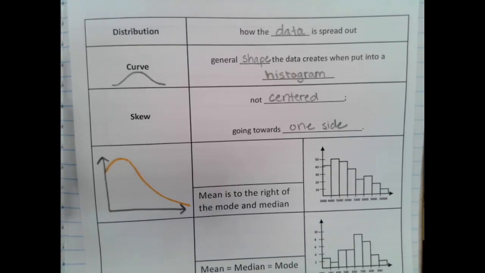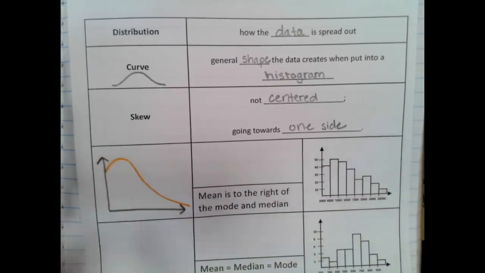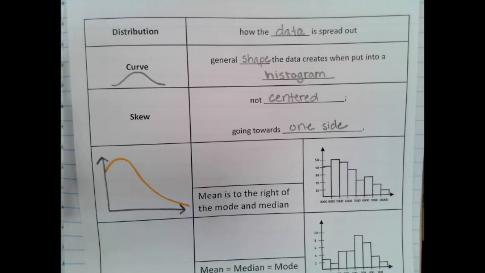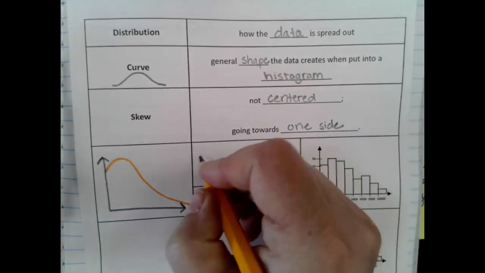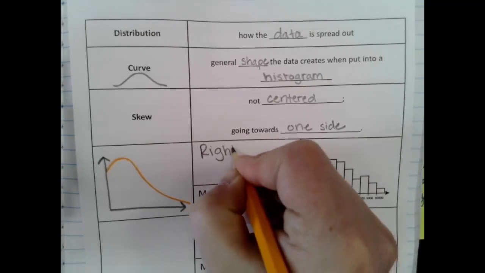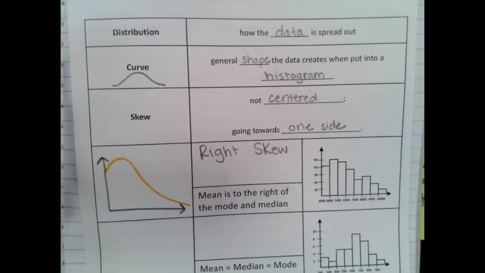It happens right away, that curve. Now this is called a right skew, or another name for it is a positive skew.